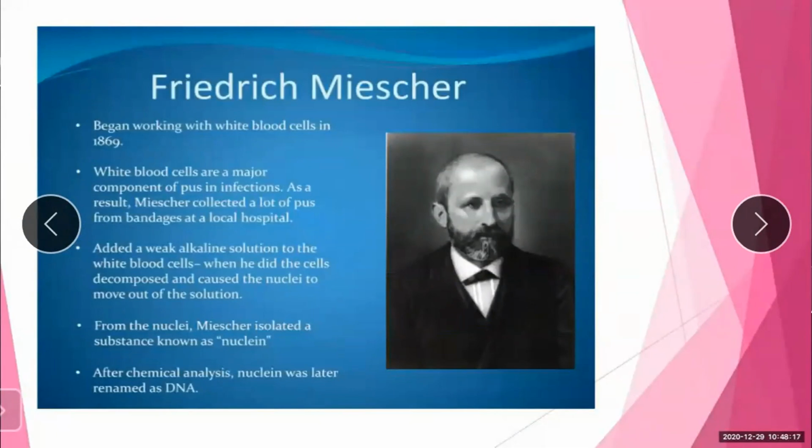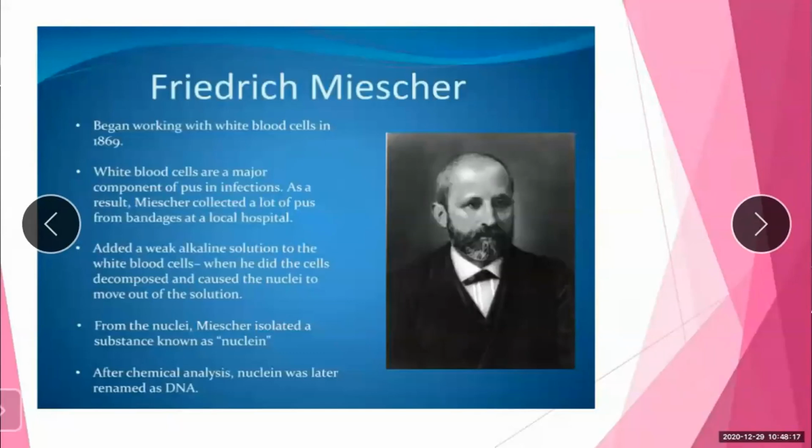As a result, Miescher collected a lot of pus from the bandages at a local hospital and added a weak alkaline solution to the white blood cells. When he did, the cells decomposed and caused the nuclei to move out into the solution.